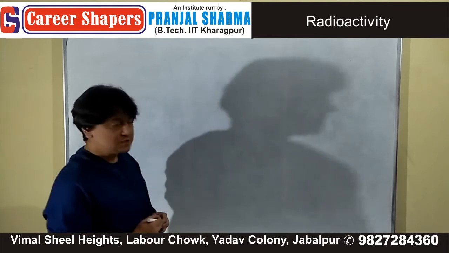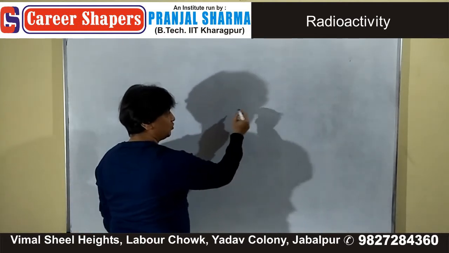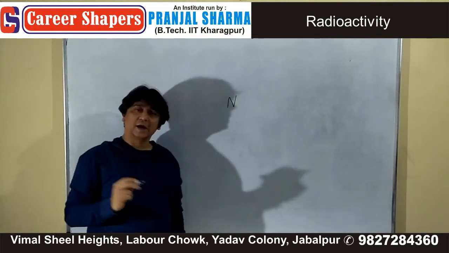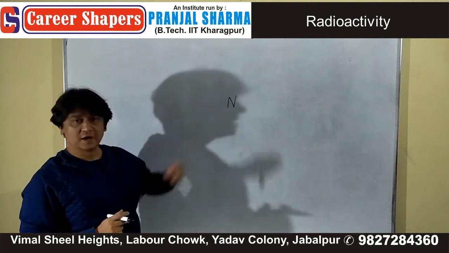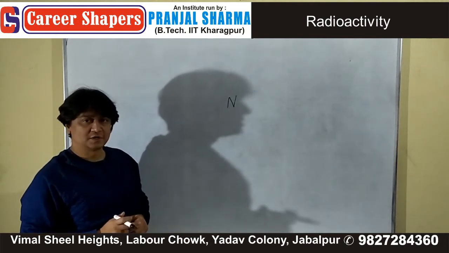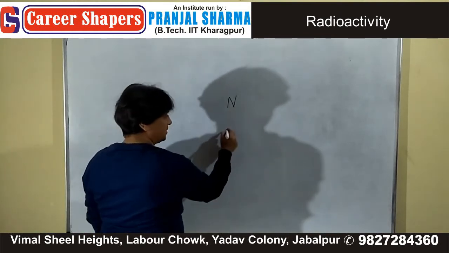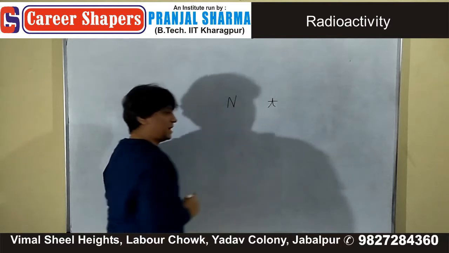So, if we have a large sample in which there are N number of active nuclides present, what is N? Number of active nuclides present in the sample at time t.